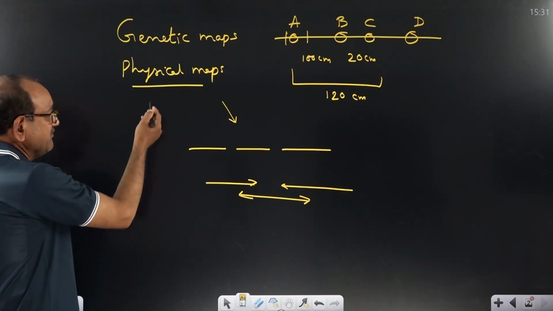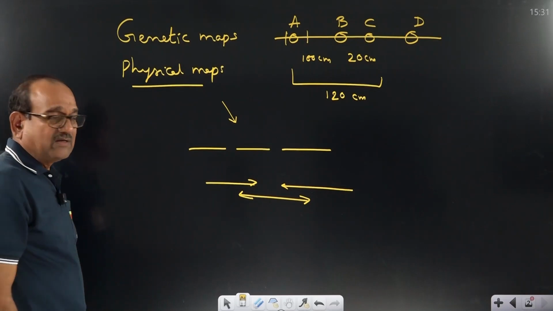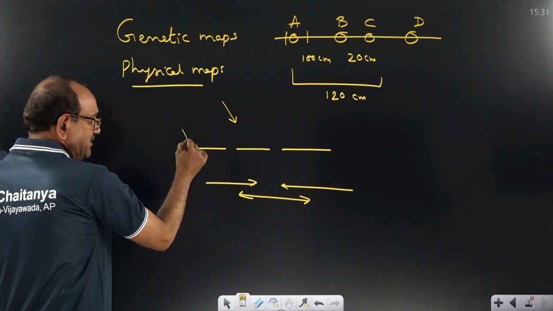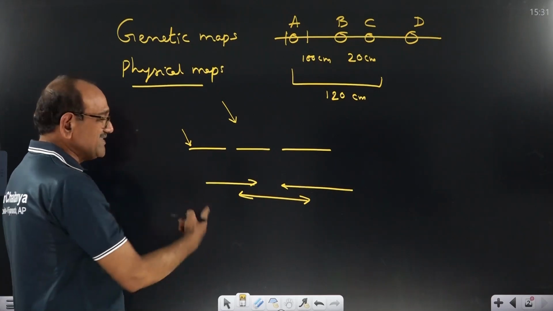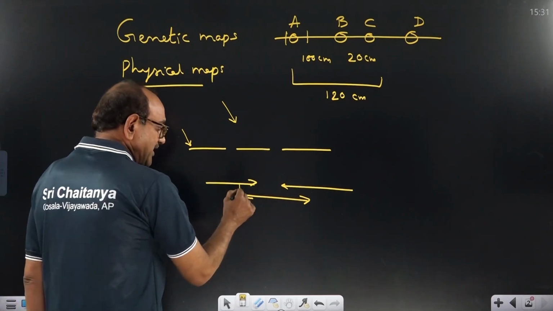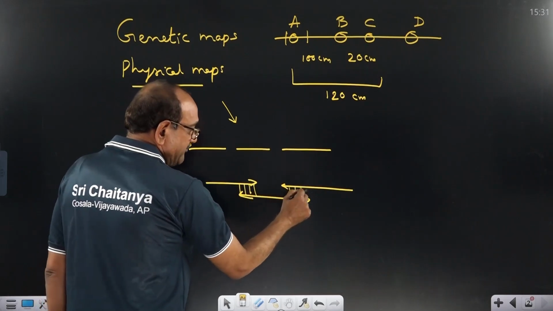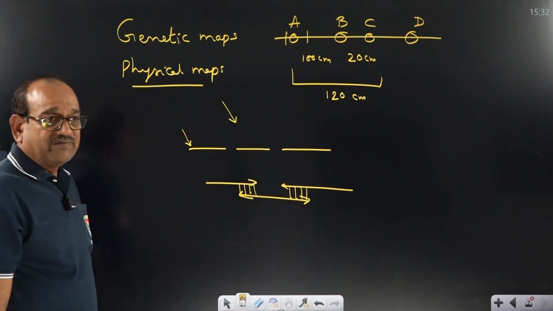So this is what you call physical mapping. In physical mapping, with 100% accuracy, we can identify a gene on the DNA and we have to sequence it. Arrange the fragments according to the overlapping fragments. This is what you call physical mapping.